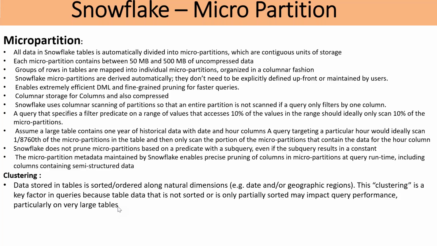Snowflake automatically reads the dates or data and identifies that. That is called natural clustering. The moment you keep on inserting data, it's automatically organized and stored in a natural way, so that it's all orderly organized, so that whenever you query, you get the data fast. This phenomenon is called natural clustering.